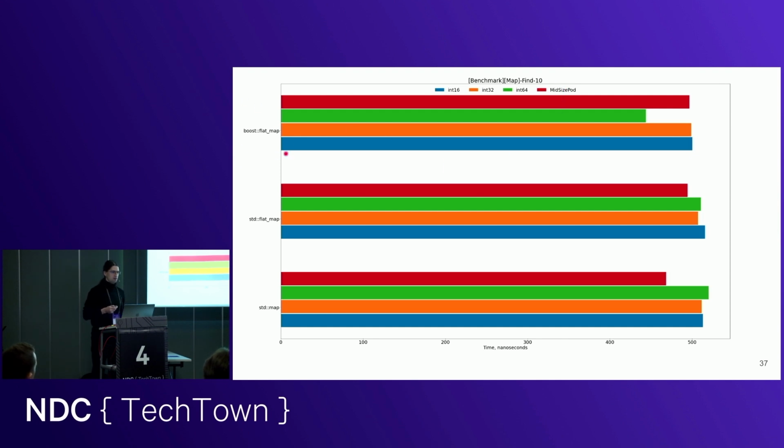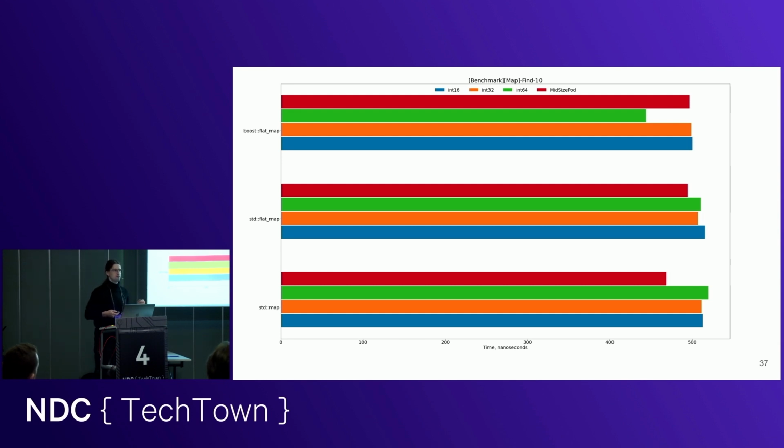And at top, we have boost flat map, which I should remind is implemented as a sequence. It's one container of key-value pairs. Here we have std flat map. It's my own implementation because there are no implementations apparently. And in the bottom, we have standard map. So do you all see it well?